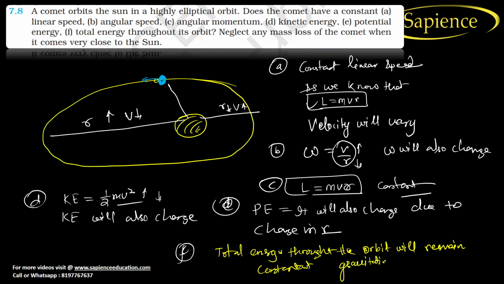Gravitational energy is conservative. Okay, so this will remain constant. I hope you all have understood this section.